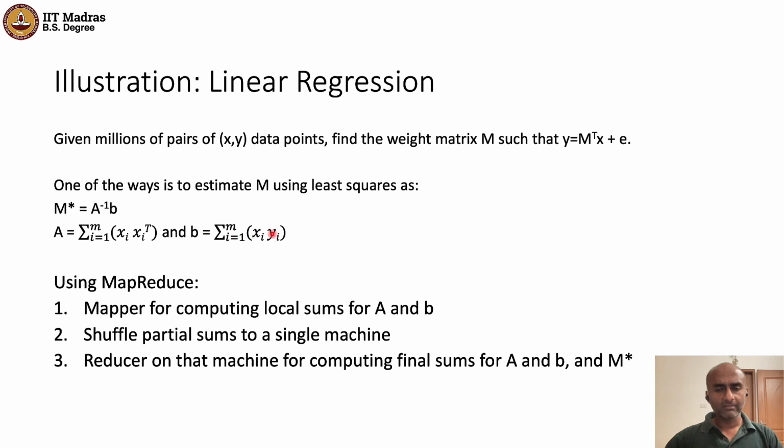And B is basically the summation of the cross product of x and y together. So if I do this product, then I'll be able to get the estimated optimal value of this matrix, and that gives me the best representation empirically that can fit this equation for that input data set.